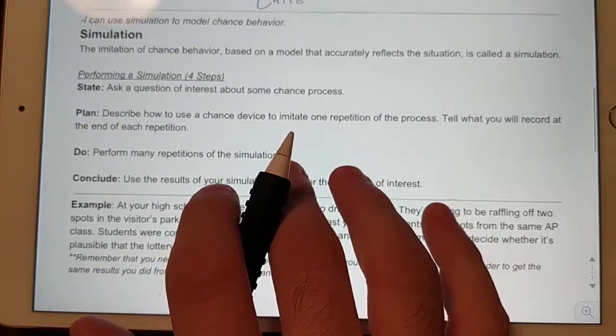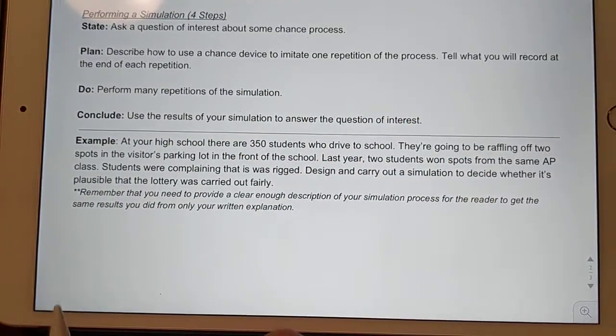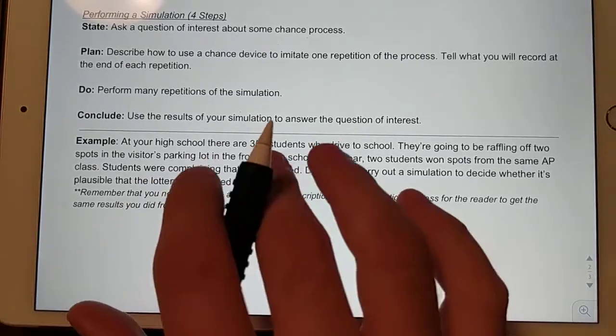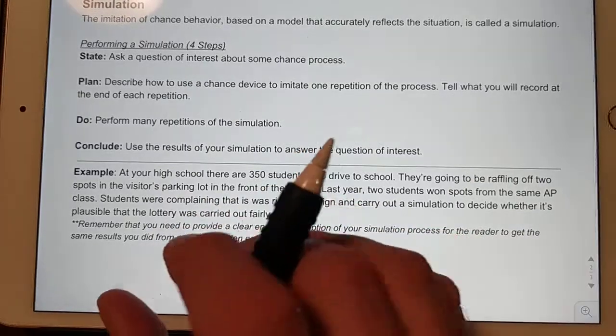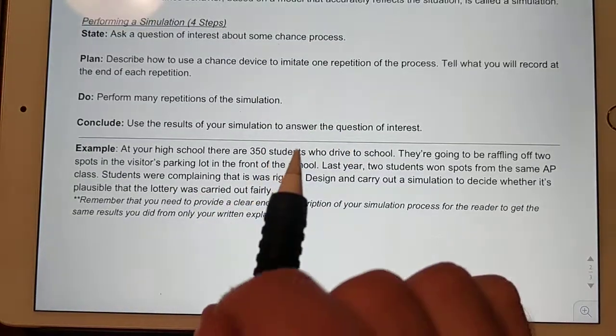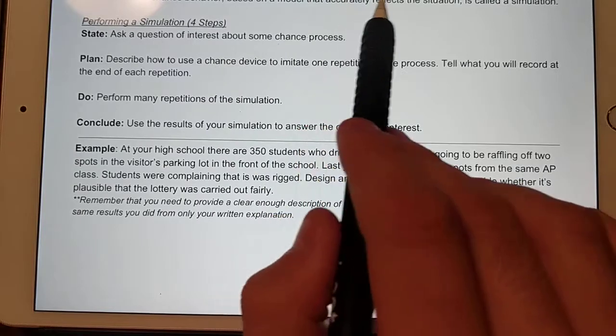Okay. You're going to be able to use a simulation to model chance behavior. It's a good tool even for complex situations where maybe the math is more difficult. Simulating it might be a little bit simpler, using Table D, using random integers, whatever you can get your hands on. So simulation is the imitation of chance behavior based on a model that accurately reflects the situation.